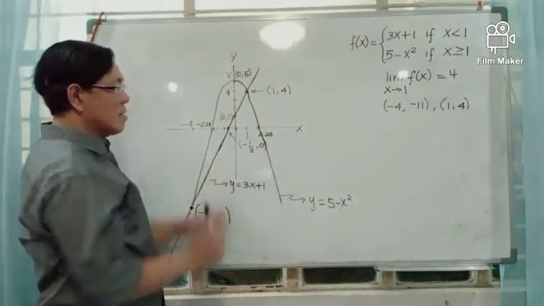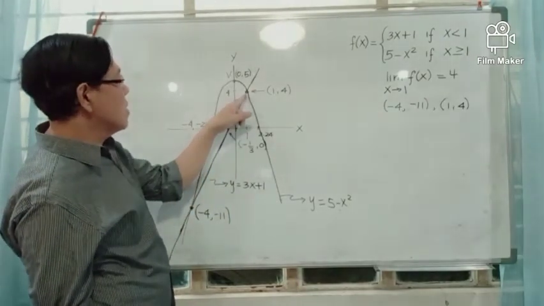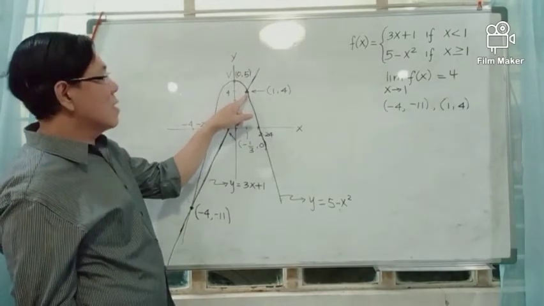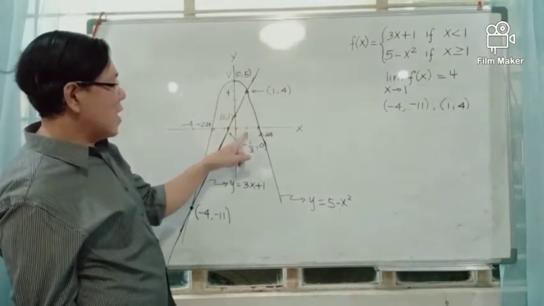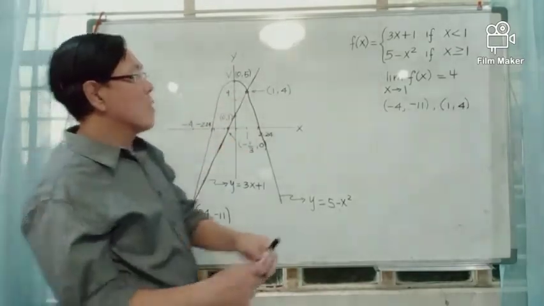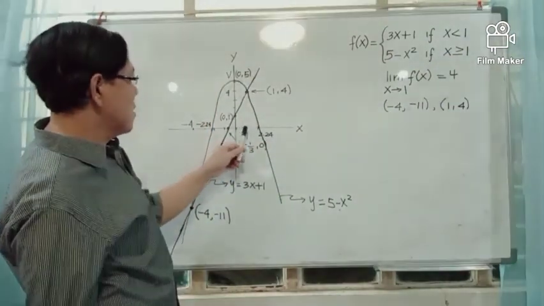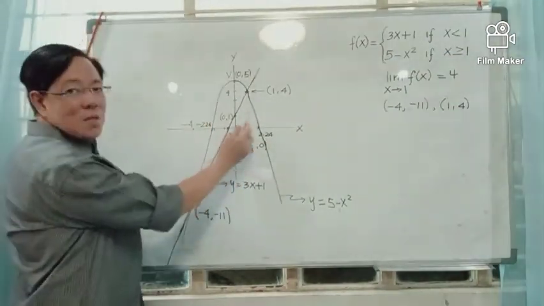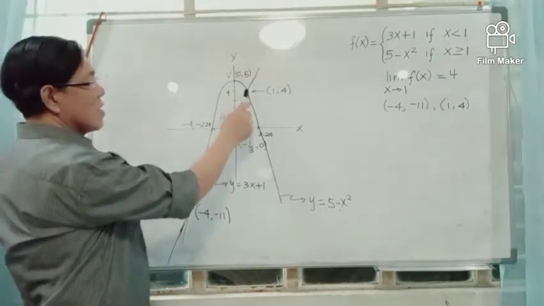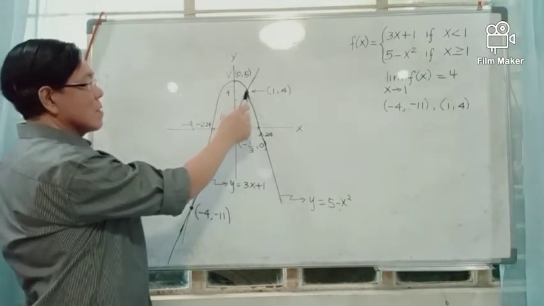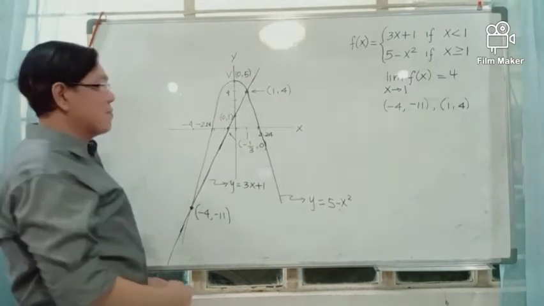And this is x equals 1. When x is 1, the value of y is 4. And we retain the part of the line for values of x less than 1. For values of x less than 1, that's from positive 1 and all the numbers to the left, the graph of the function will start from this point down to the left.